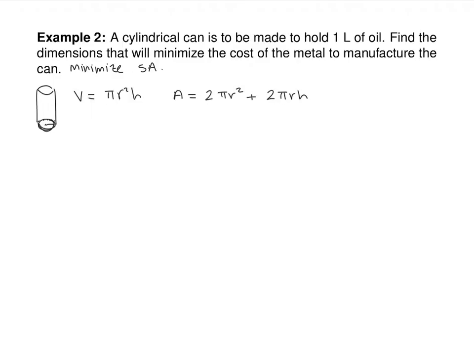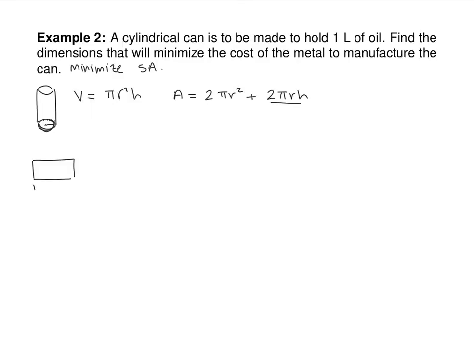Okay, I think that last part needs a little bit of explanation though. Does everybody understand the whole 2 pi r squared part? That's just the top and bottom. The 2 pi rh, that's the surface area of the side, like this part of it, right? And the way that you find that is if you cut your can down, it's going to produce a rectangle before you spin it into a cylinder, right?